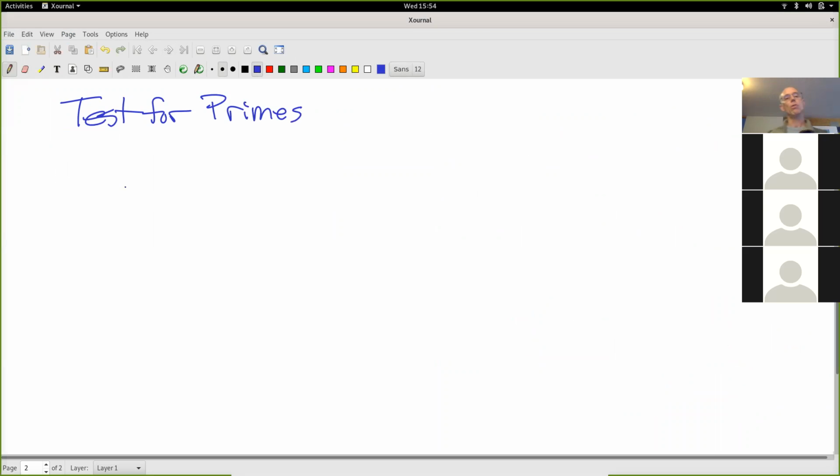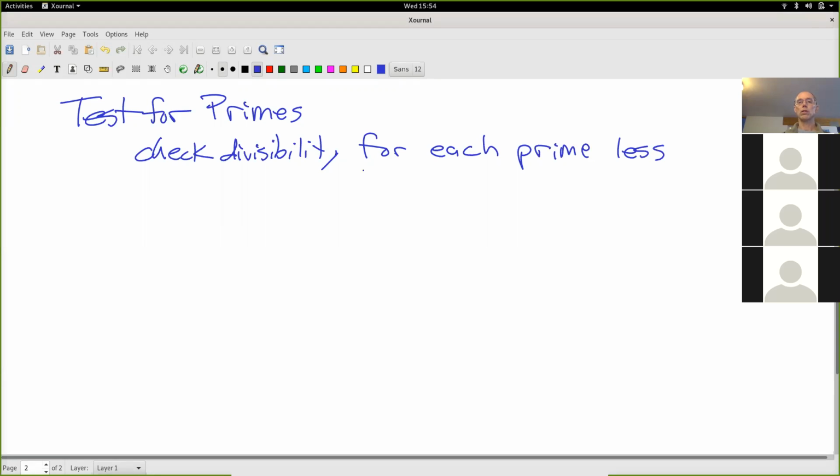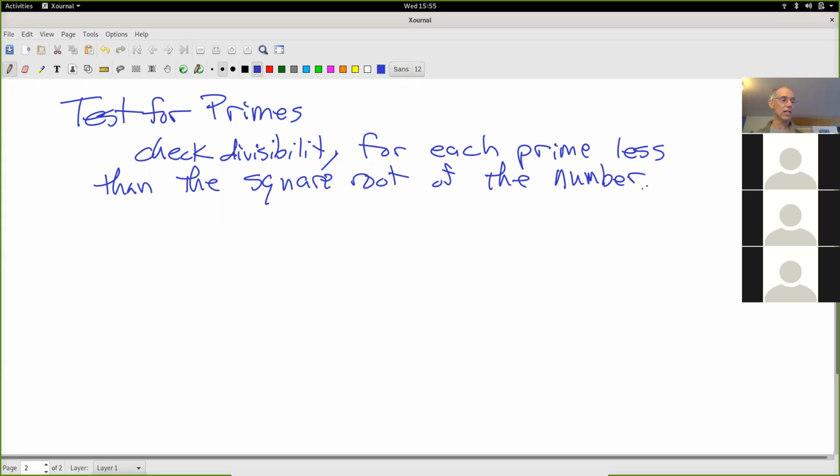And to test if a number is prime or not, you basically have to check divisibility for each prime less than the square root of the number we're at. And that's the standard test for primes.